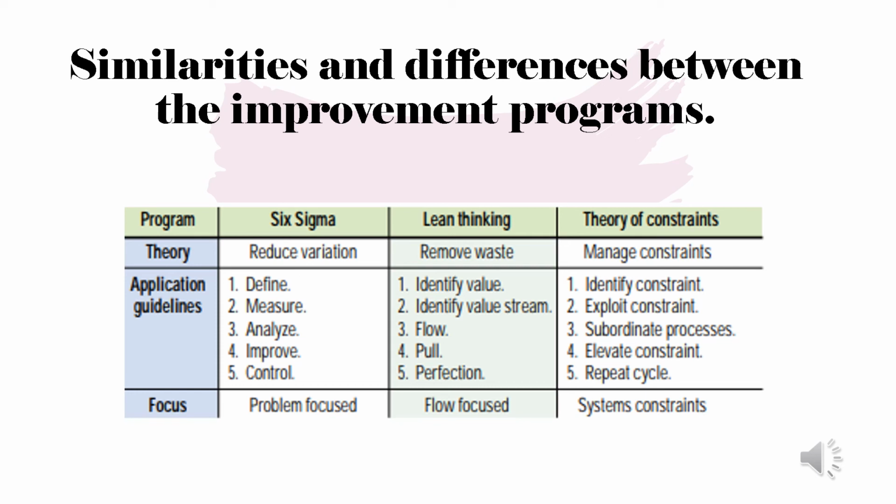Repeat the cycle. As for focus, Six Sigma is problem focused, lean thinking is flow focused, and theory of constraints focuses on system constraints.